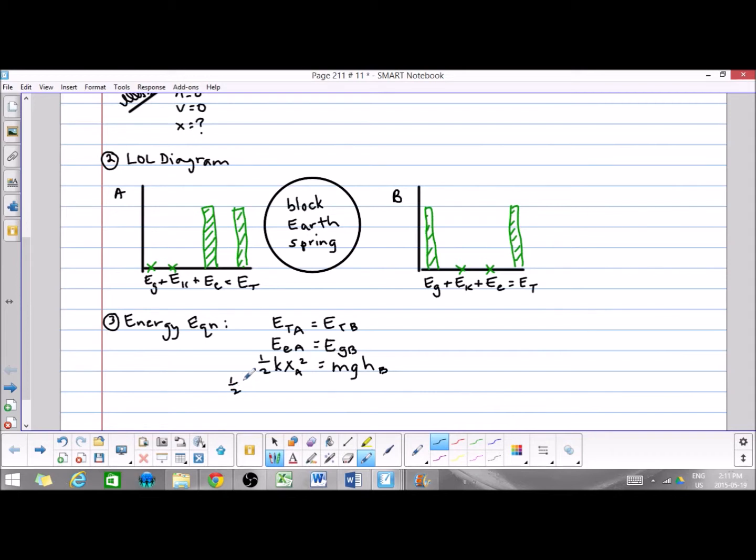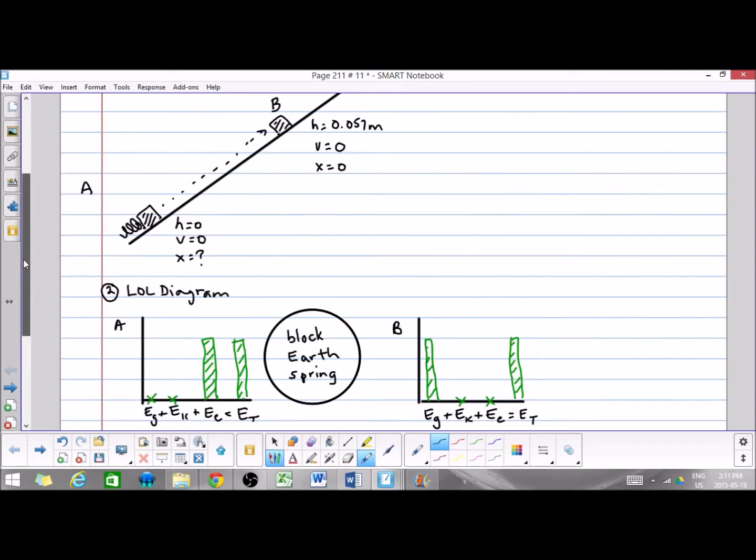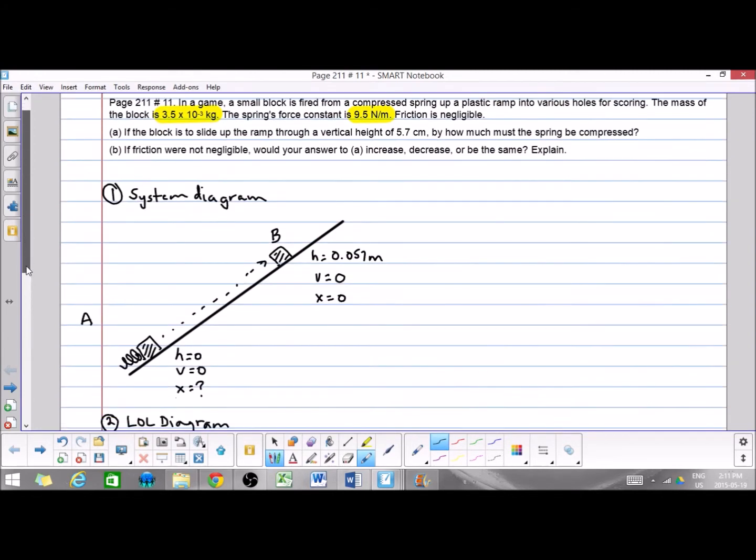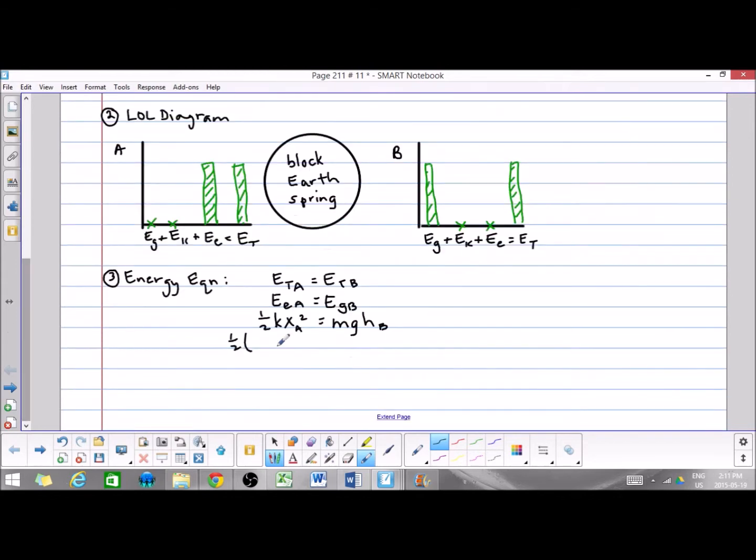We know all these values except for the thing we're trying to solve for. k is 9.5 newtons per meter. The mass of the block is given as 3.5 times 10 to the minus 3 kilograms.